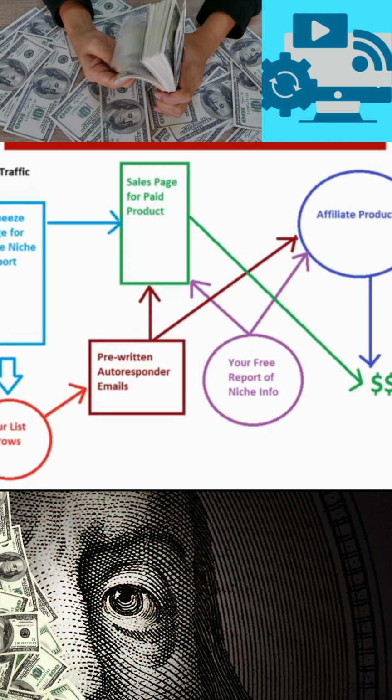It all starts when you drive traffic to a squeeze page for a free niche report. So essentially you want to find traffic in certain niches and then direct them to your squeeze page. For example, if you were targeting the electric bill niche, people had high electric bills that they were looking to get rid of and they needed help.